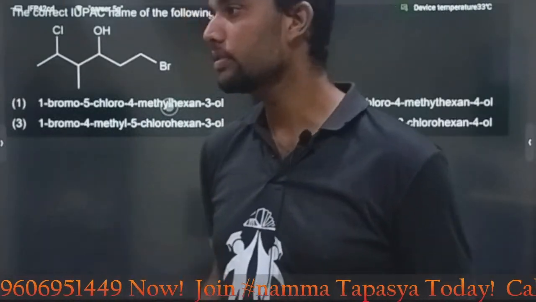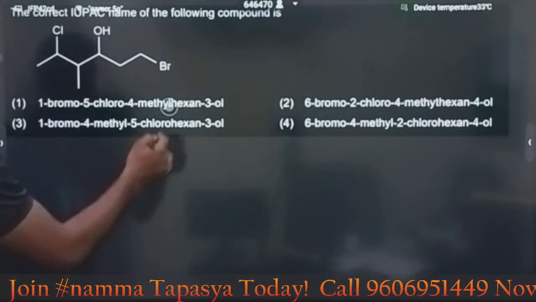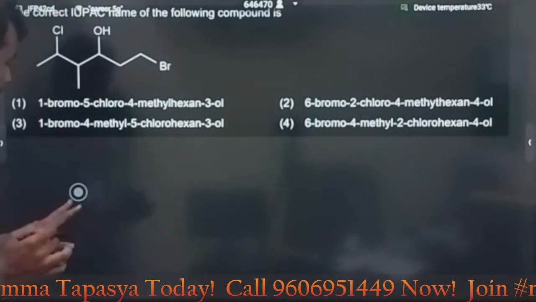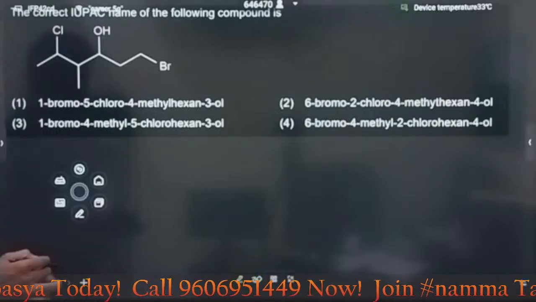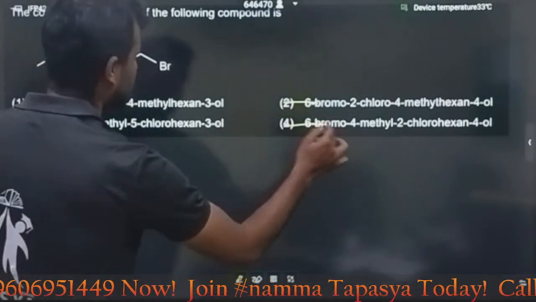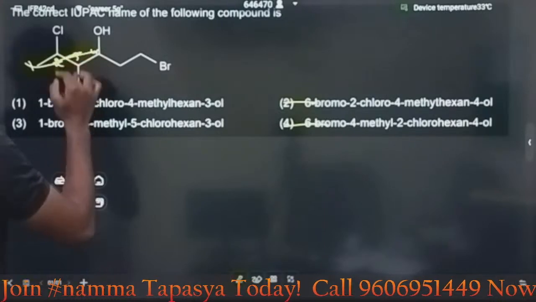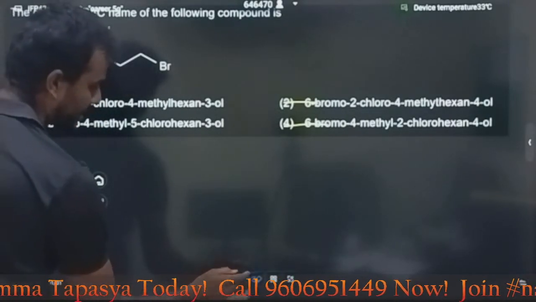Clear that one first. Next question, my dear students, again a very easy question: the IUPAC name of the following molecule. First we need to give preference to the functional group, then you can easily remove these two options. The numbering starting from here, 1 2 3 4, is not the correct manner.